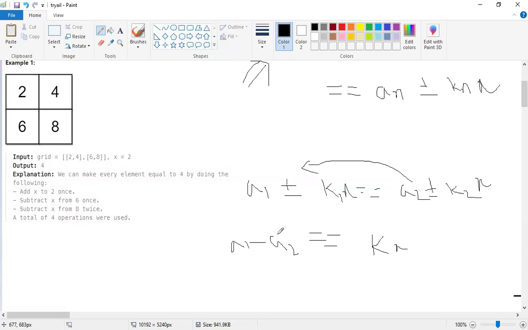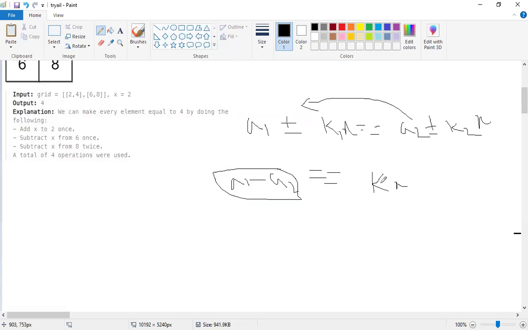So what does it mean? That the subtraction of any two elements should be equal to some integer multiple of X. If you divide A1 minus A2 by X, then it should give some integer constant. And because we are doing it for A1 and A2, it should hold for all the possible combinations of A1 and An.